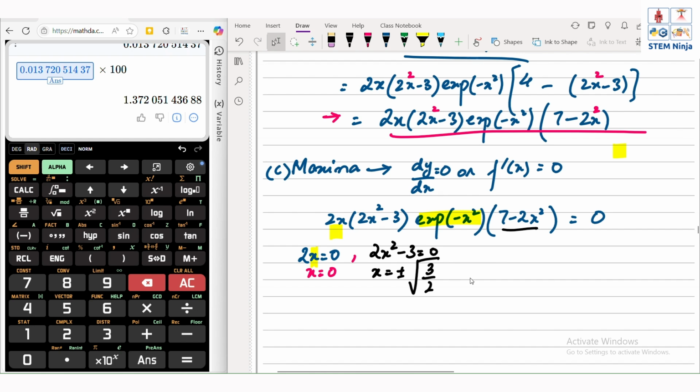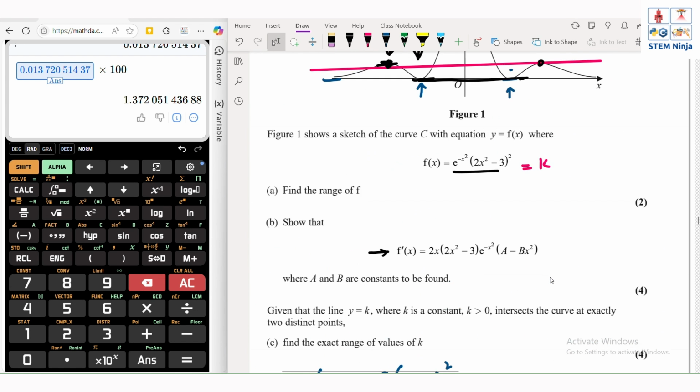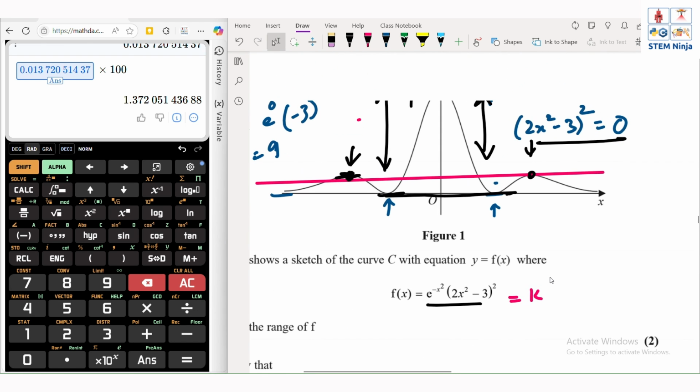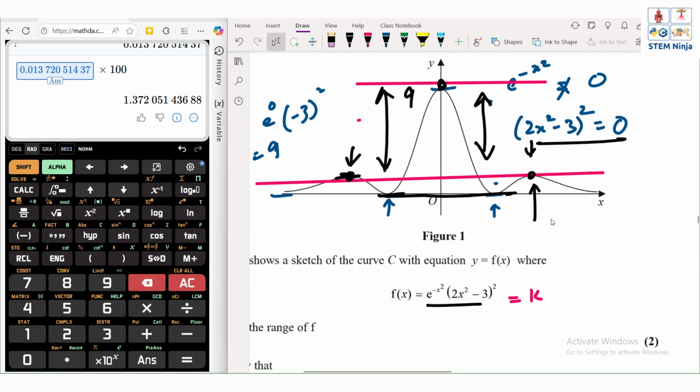And this one would be plus minus square root of 7 over 2. We can see that these ones will be square root 3 over 2 and minus square root 3 over 2. We don't need the 7 over 2 anymore.